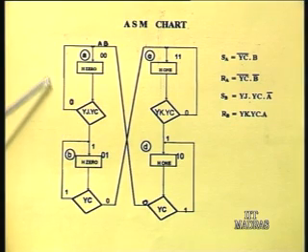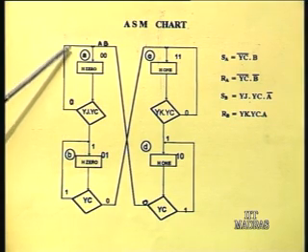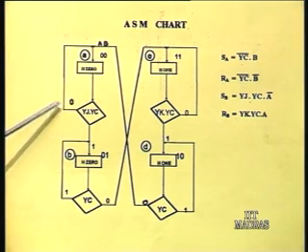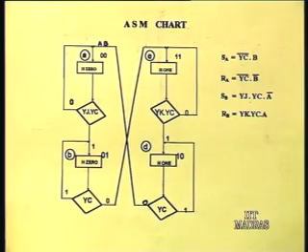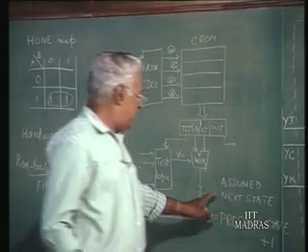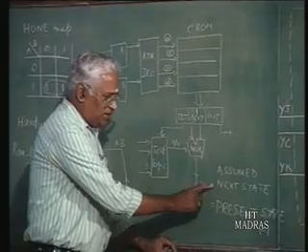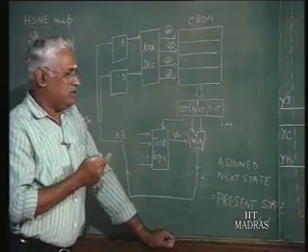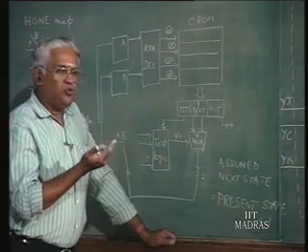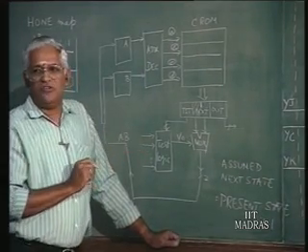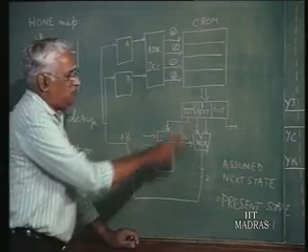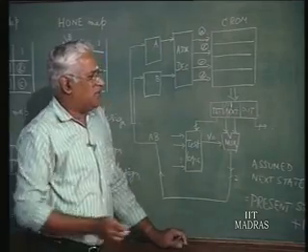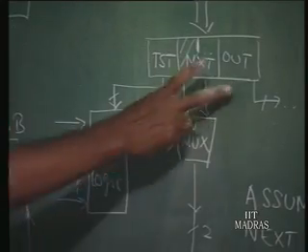So, I have to give only one next state field, which in this case is 0 0 itself. That is, I have to give only the false next state, so that a simple counter can be made use of here. So, the assumed next state is the present state plus 1, but we have to decide. As you can see in the ASM chart, we have assumed this for the true next state, in which case we can reduce this particular field also, that is, reducing the size of this micro word.